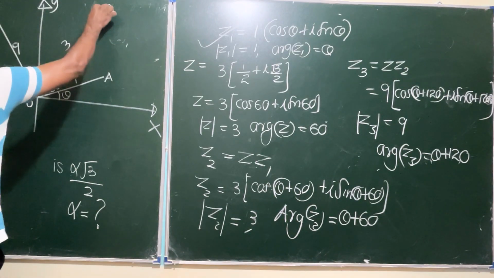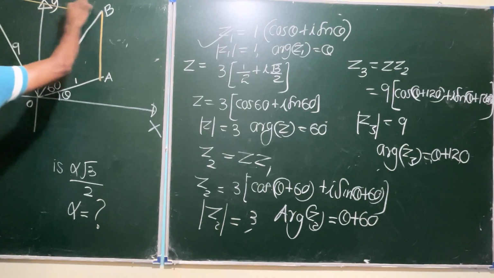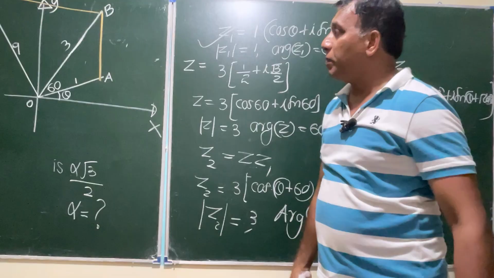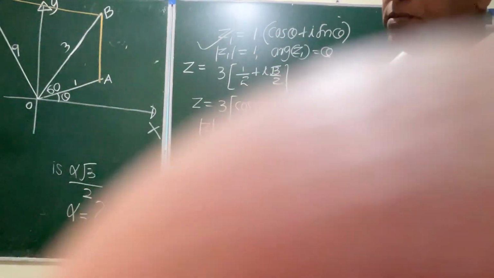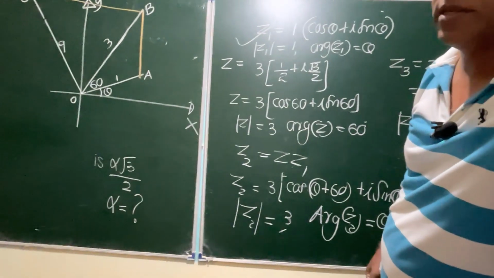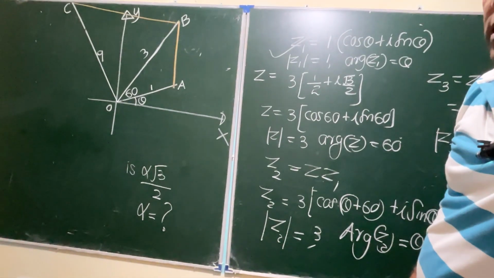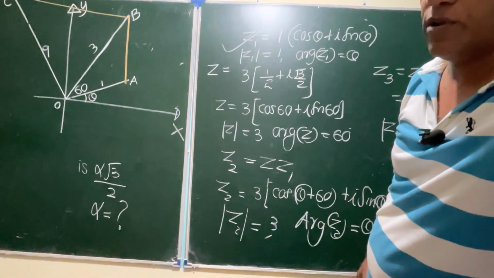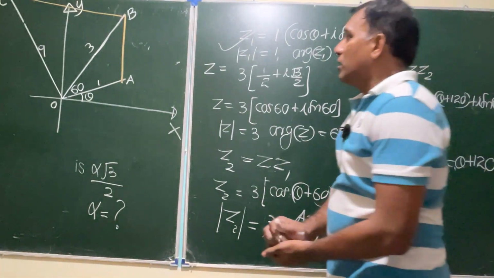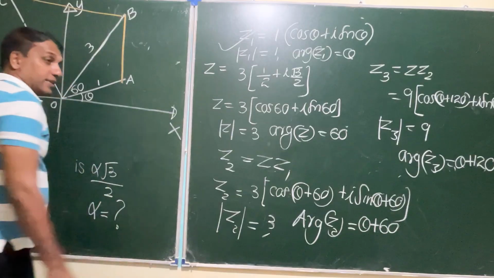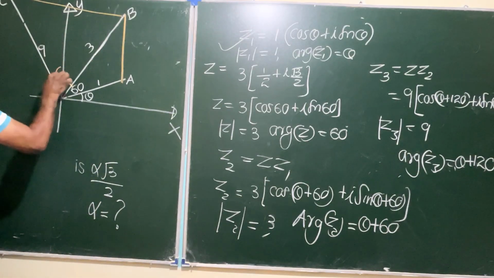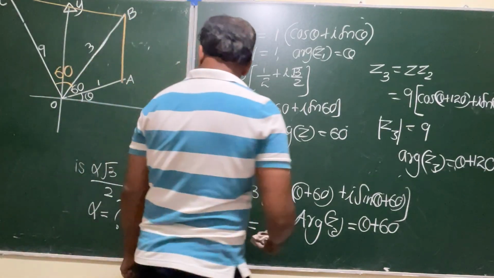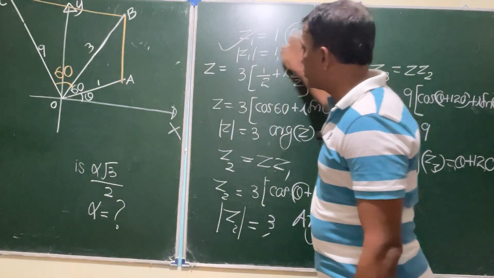See O, A, B, and C, right? O, A, B, C, the completed diagram, can you see my picture? That is the quadrilateral, the O, A, B, C pattern, right? Okay, nice. Now see, this is theta, this is 60, therefore this is 60, okay. So find the area of the whole picture, which is given as alpha times root 3, right?